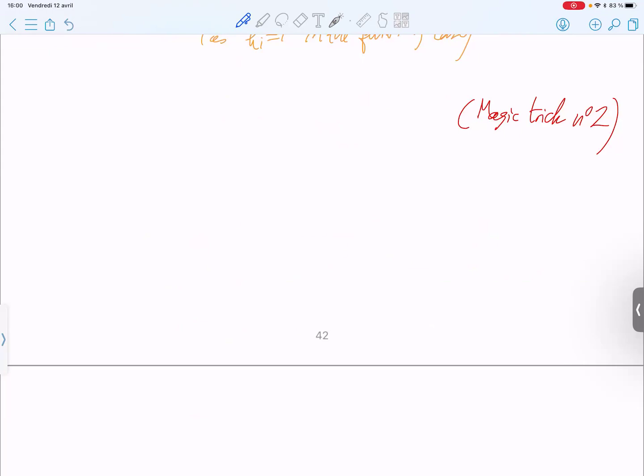I forgot to mention that the first and second orthogonality relations are known with this notation in character theory of groups. They correspond to the orthogonality relations of the row and column of the character table, up to the good normalization. So it's well known, and we can deduce the second from the first by this second magic trick.